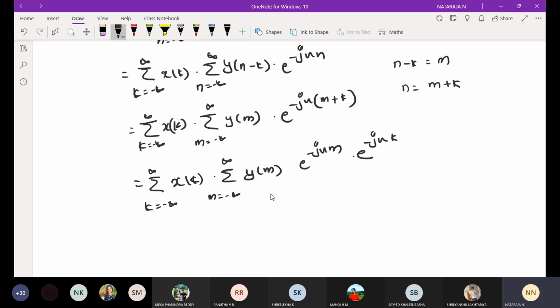If I split this, m lies with this term and k is shifted here. So I can write summation k equals minus infinity to infinity x of k into e power minus j omega k, then summation m equals minus infinity to infinity y of m into e power minus j omega m.